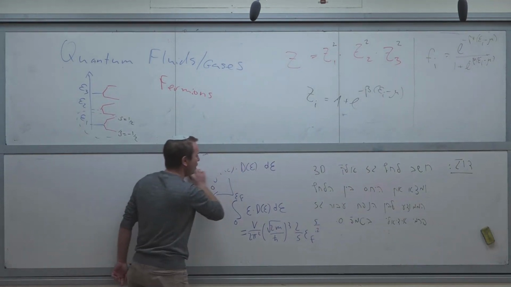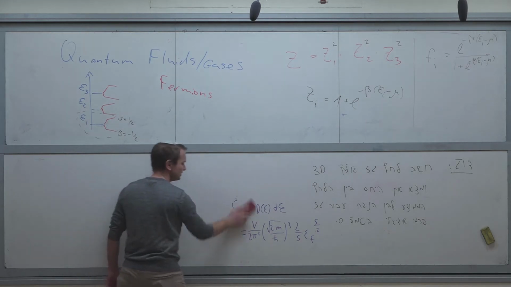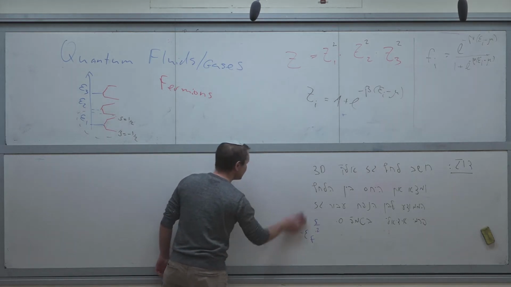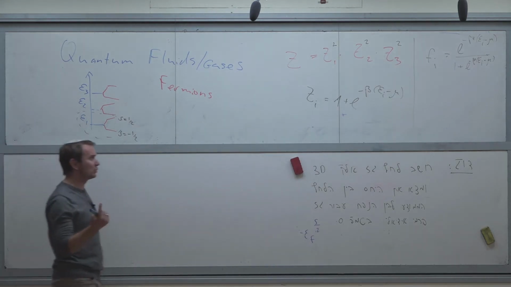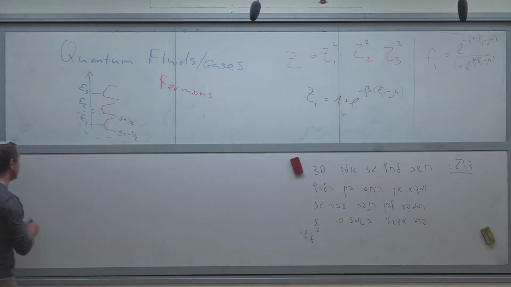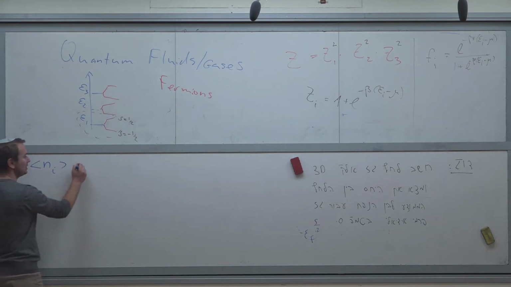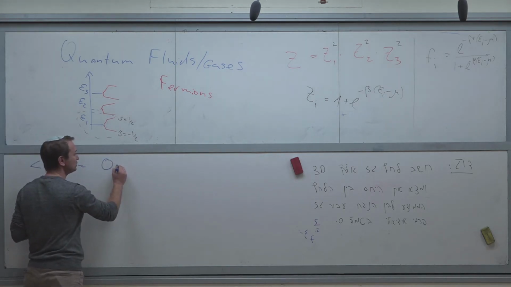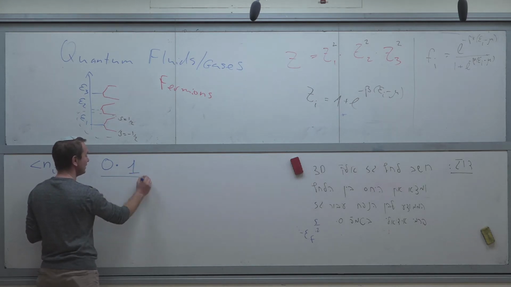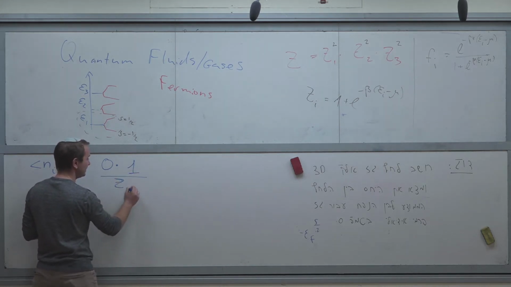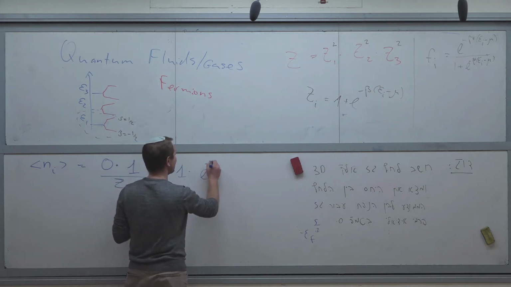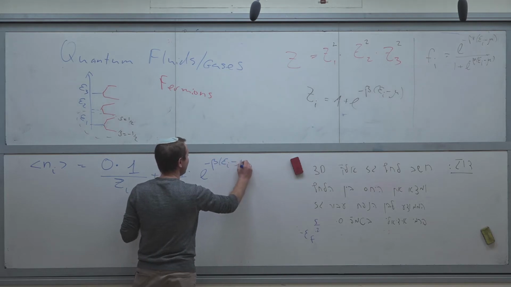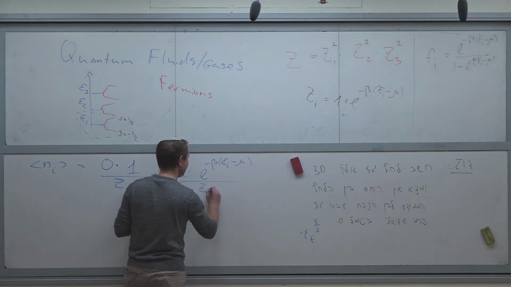This result holds for any particles whatsoever, and it's interesting because of the properties of the statistics: either one particle or 0 particles. The average number of particles per state I is 0 multiplied by 1 divided by Zi plus 1 multiplied by e to the power minus beta epsilon I minus mu divided by Zi.